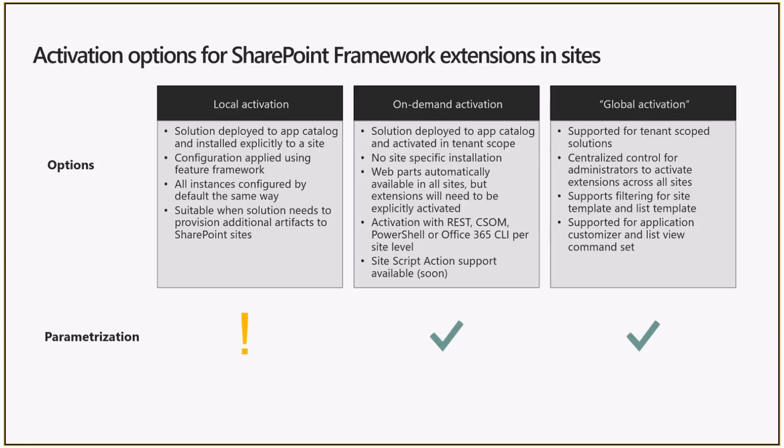You're able to go to the list and say, hey, dear SharePoint, whenever a user goes to a group associated team site, so the modern team site, or a communication site, include this application customizer to be rendered as part of that site. So you have this global control and you're able to modify that anytime. You can always go to the list and modify which extensions and their instantiation are rendered as part of these modern sites.